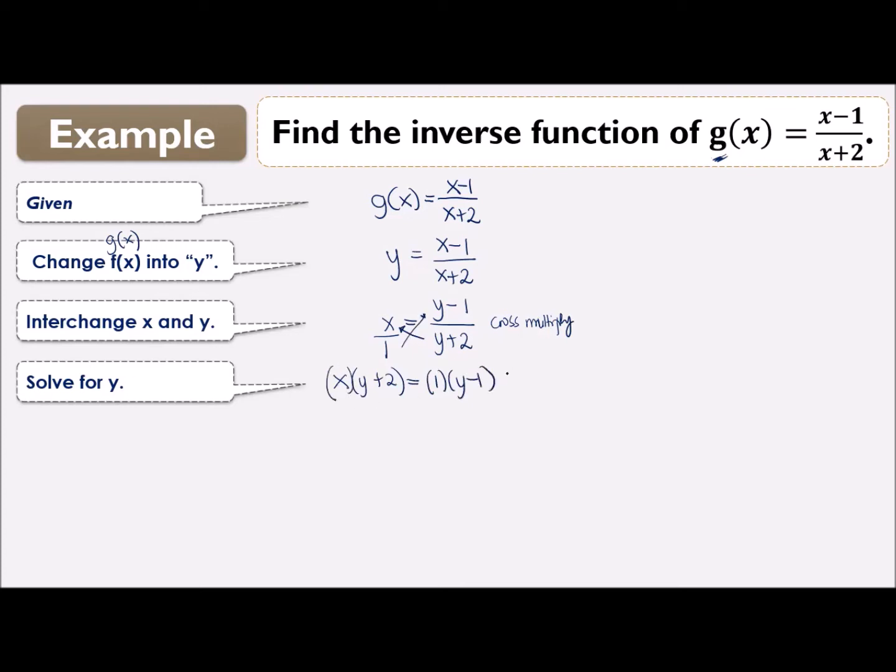Okay? And then, katulad kanina, distribute lang po para ma-simplify natin. So, magiging x times y is xy, and then 2 times x is 2x. And then 1 times any of the expressions is still the same. Then, simplify. Lahat ng y pagsamahin na. So, magiging xy minus y.